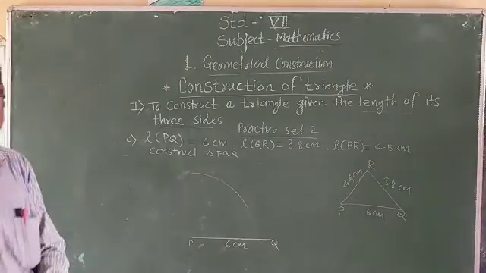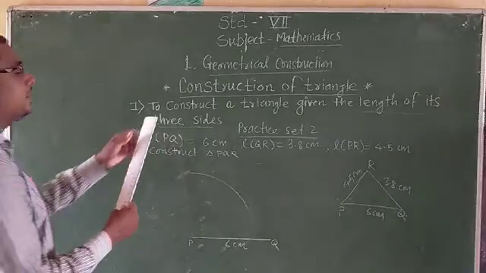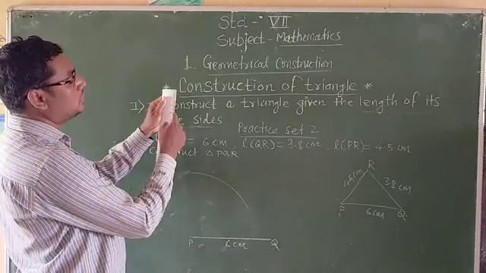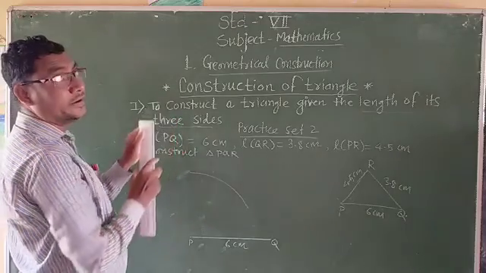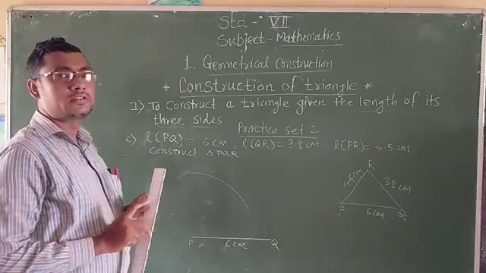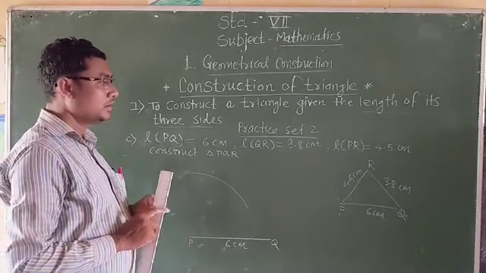Then after that, what is there? 3.8. Look here, 0, 1, 2, 3. After 3, you have to count 8 lines. We get the 3.8.